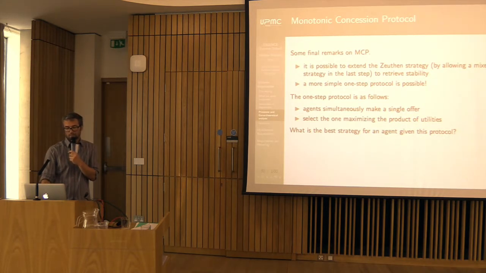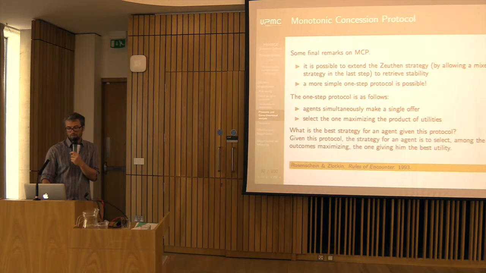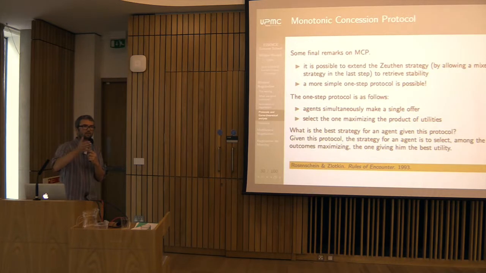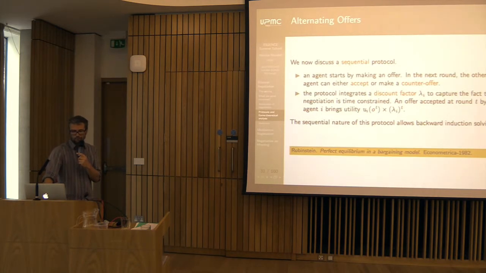And if you do that, the best strategy would be to select the one that gives you the best utility. So, knowing this, you can get to a much simpler protocol. But of course, the nice thing of the monotonic concession protocol is that you see step by step how you approach this final outcome.